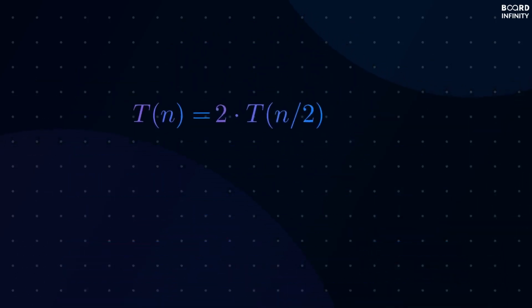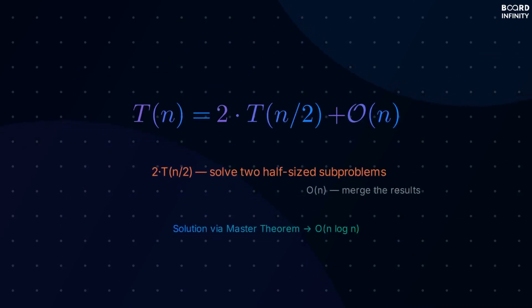The efficiency of divide and conquer algorithms like merge sort can be formally described by this recurrence relation. T(n) = 2T(n/2) + O(n). Here, T(n) represents the time to solve a problem of size n. The 2T(n/2) term means we solve 2 sub-problems, each half the original size.